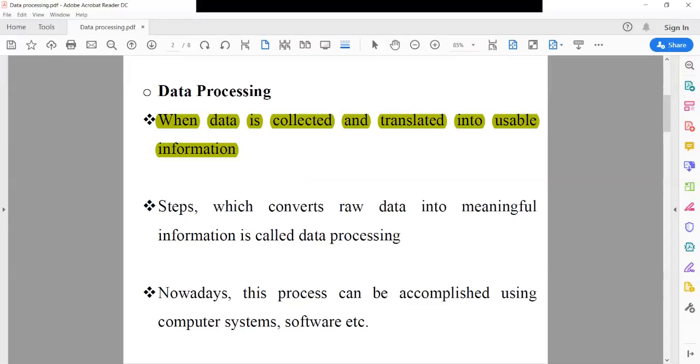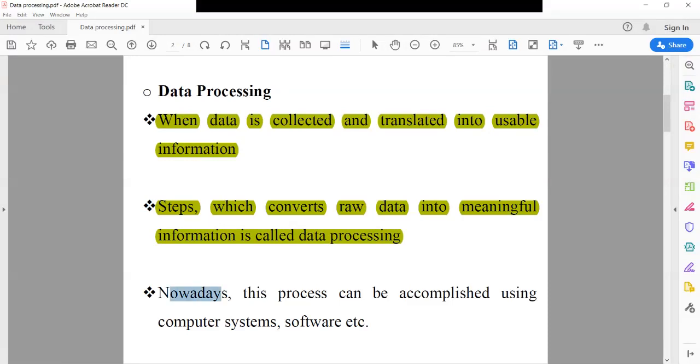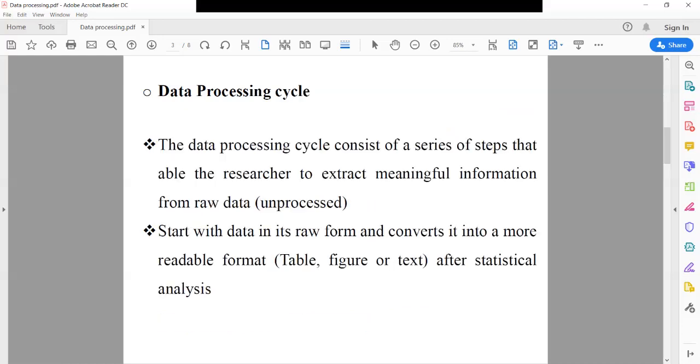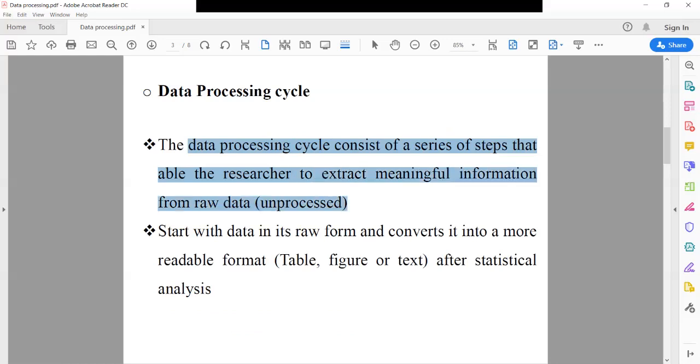In other words, data processing consists of various steps, and with the help of these steps, raw data is converted into meaningful information. Nowadays, this process can be accomplished by using computer systems or software. The data processing cycle actually consists of a series of steps that enable the researcher to extract meaningful information from raw or unprocessed data.